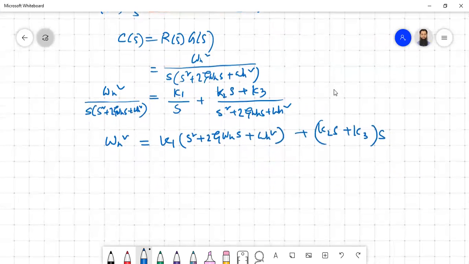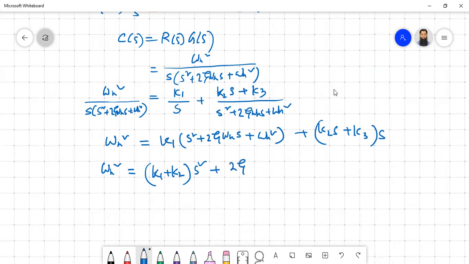You can rearrange a bit, and then what we get is omega n squared equal to k1 plus k2 times s squared, plus twice zeta omega n k1 plus k3 times s, plus k1 omega n squared.